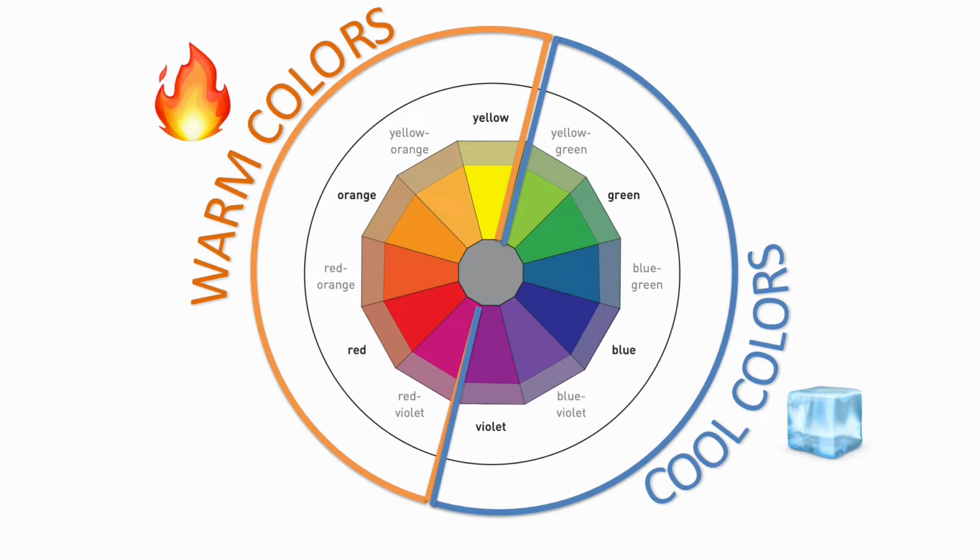Traditionally, the red, orange, yellow side of the color wheel are considered warm colors because of their association with things like sunlight and fire, whereas the blues and greens side of the color wheel we call cool colors, and they're typically associated with the sky, water, shade, etc. Color temperature is considered relative to colors nearby, and truly it relies on previous experiences or memories of the viewer. So the interpretation of color temperature is highly subjective.